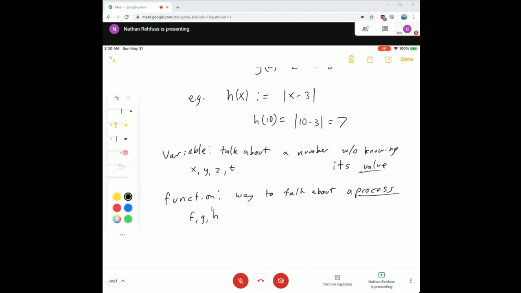Those will always be variables. But sometimes for other letters, you have to tell from context. Like I might say, h of t is the height as a function of time, or I might use h as a variable in some other context. But it'll always be clear from context whether I mean a function or a variable. And if you're ever concerned, ask.